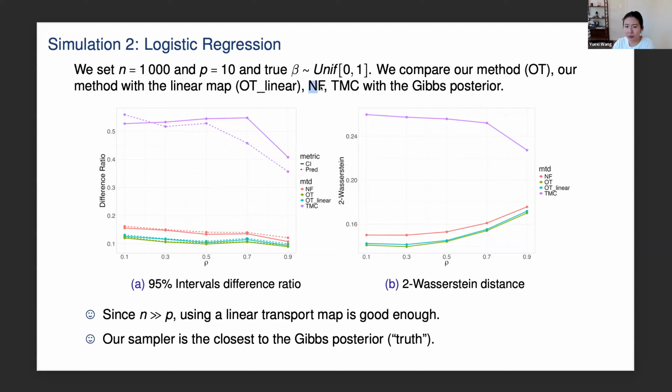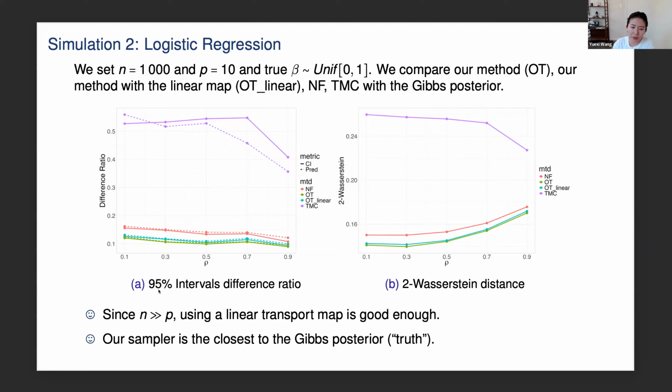And we also consider normalizing flow and the transport Monte Carlo. And in this case, because we cannot sample directly from the posterior, we treat the Gibbs posterior as the benchmark to compare. So we report 2 kinds of results here.